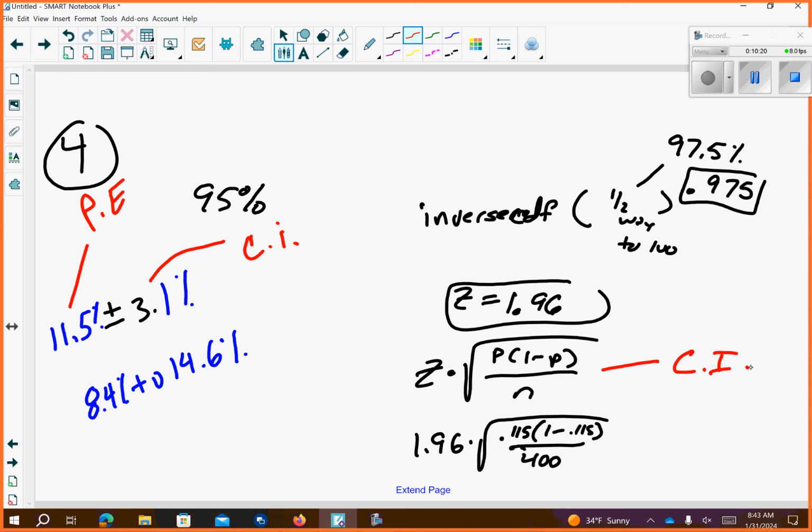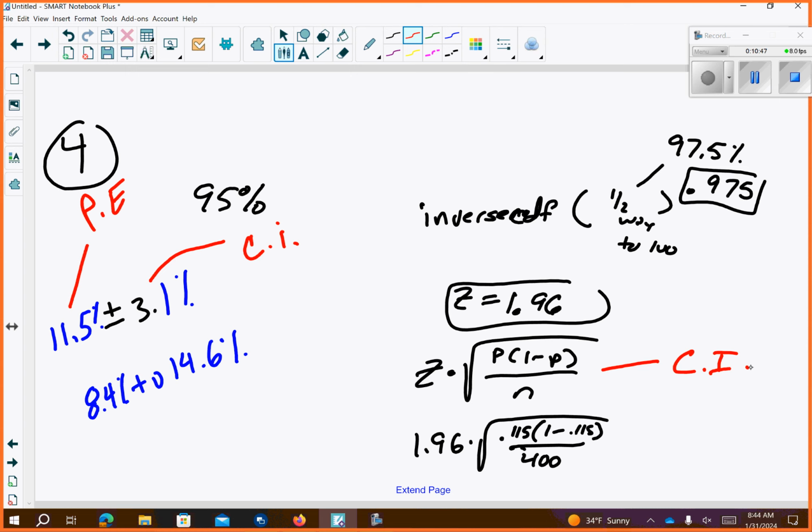So if I continue to do 400 random samples of people throughout the United States and test them for this disease, this 95% might still be 95%, but as this continues to grow, this is going to get closer and closer to the 11.5%. That's the main foundation of what we're doing.